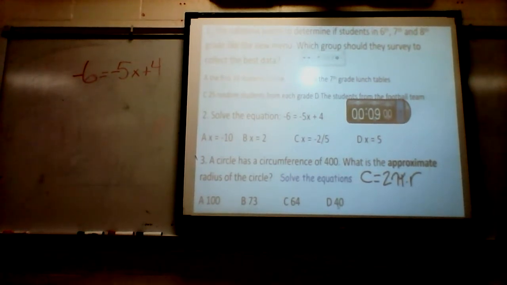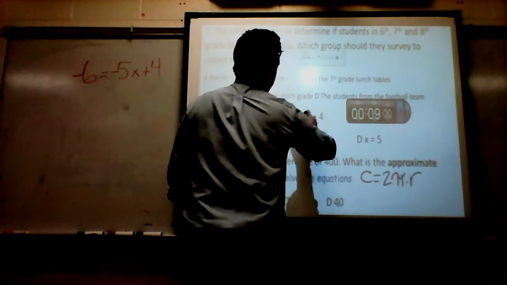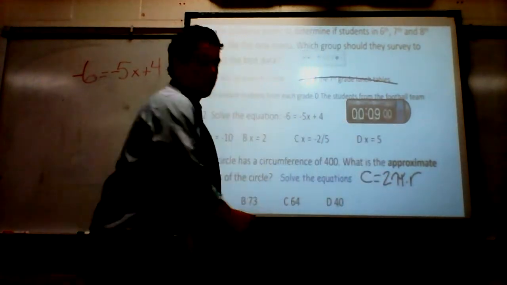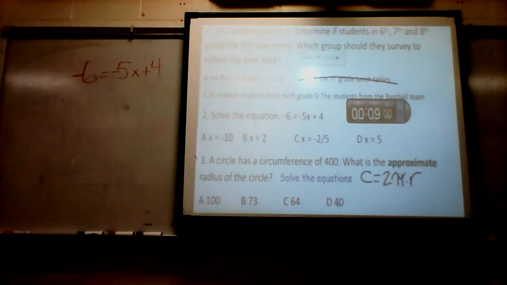One answer choice that we can easily eliminate is answer choice B. Because if we want to know if the entire school, 6th, 7th, and 8th grade students like the menu, it wouldn't be fair to just ask the 7th graders.